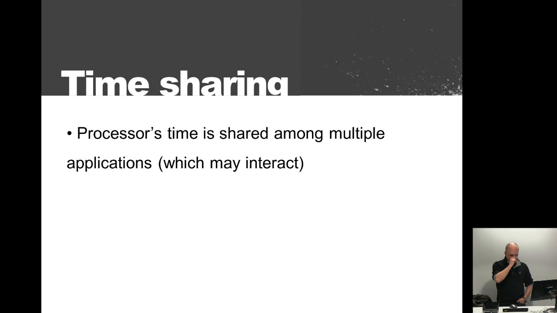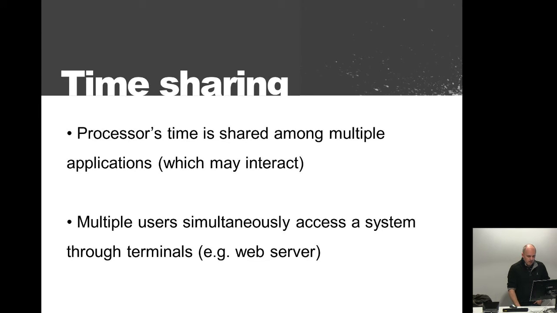So the solution, as I said, is time sharing. You have this unique processing unit and several applications. The alternative is you may have only one processing unit and many users. That was what happened 20 years ago.